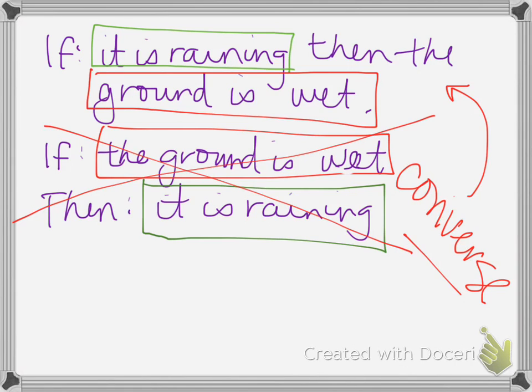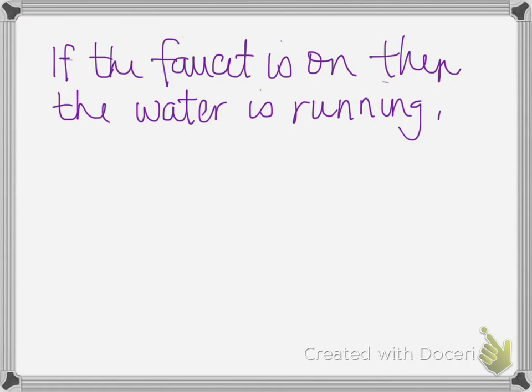If I had a different type of statement, something like this: if the faucet is on, then the water is running. I can turn that one around and say, if the water is running, then I know the faucet is on.